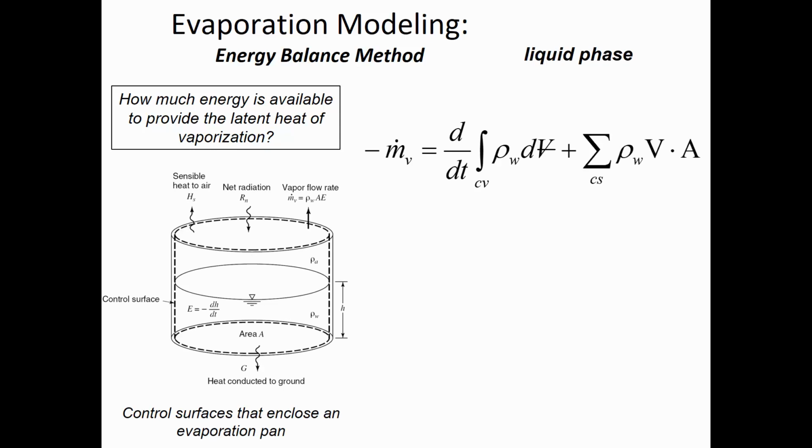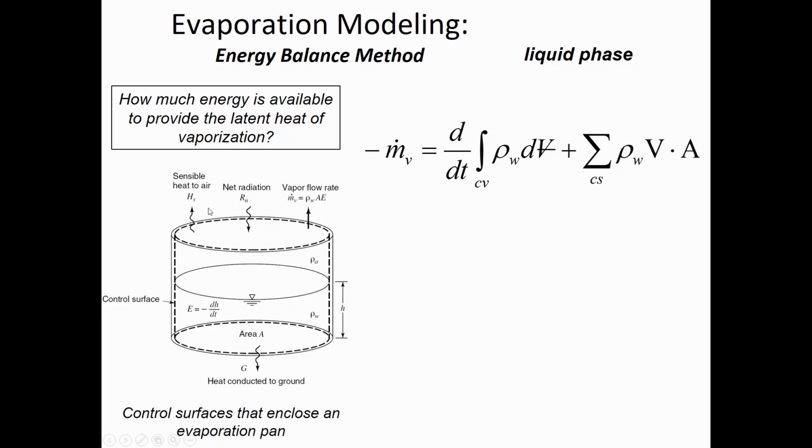In the energy balance method, what we do is we have a free surface of water and we take a certain unit area of it, and we keep track of the heat that is lost from the water to the ground. So here that's G. And we have to look at how much heat is lost to the air, the sensible heat to the air.